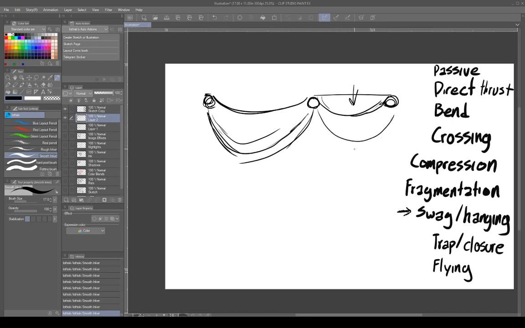And if you've got a figure, for example, you can draw this on a figure as well. If a figure is hunched forward and wearing loose clothing, so say that this is a kind of bulky figure, but whatever.